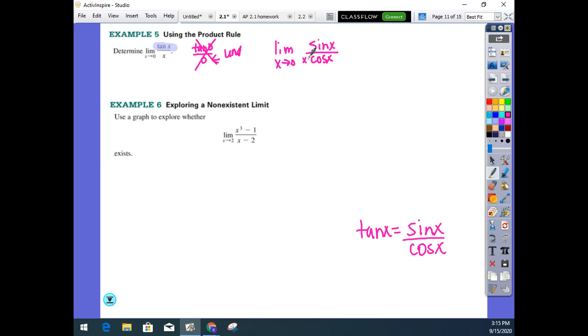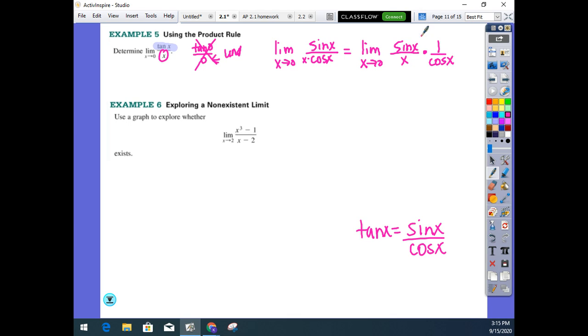And I'm just going to stick this x just in front of the cosine. I have to keep that x in the denominator. I'm just going to keep it in the denominator with cosine. Okay, now we're going to manipulate this a little bit. I'm going to put sine of x over x times 1 over cosine. I'm going to split this up a little bit.